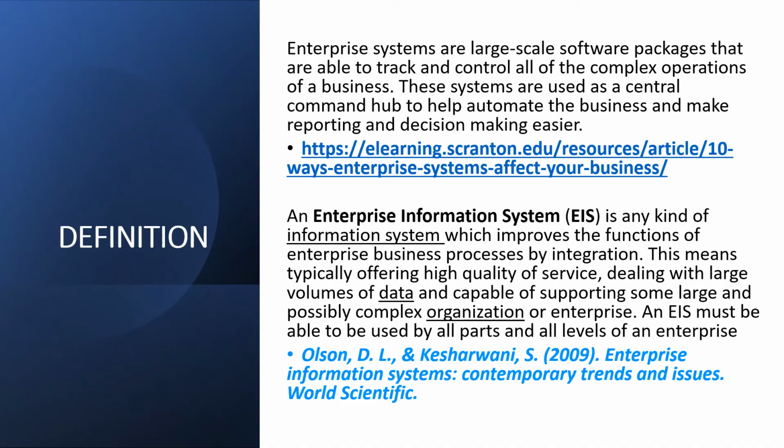This means, integration, maksudnya macam yang saya kata tadi, it typically offers high quality of service, can deal with large volumes of data, is capable of integration from one system to another system, capable of supporting large and possibly complex organizations and enterprises. Then this enterprise information system must be able to be used by all parts and all levels of the enterprise.